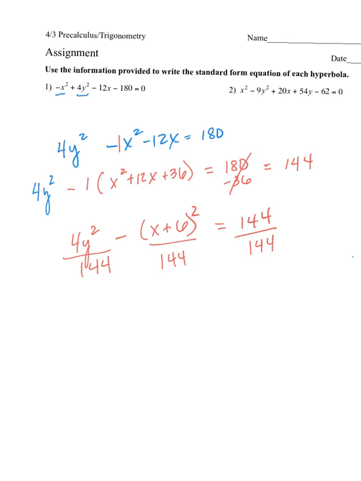And we get that that's y squared over 36, minus (x plus 6) squared over 144 equals 1.